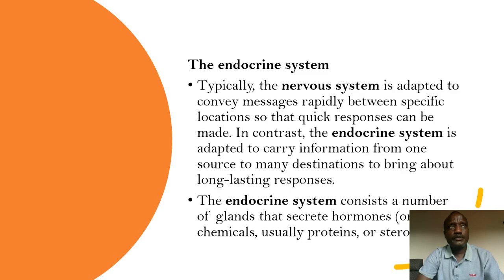Number one, I think you have had endocrine system and nervous system, things like that. So now you can ask yourselves the difference between nervous system and endocrine system. Basically, the nervous system is adapted to convey messages, nerve impulses, rapidly between specific locations so that quick responses can be made.